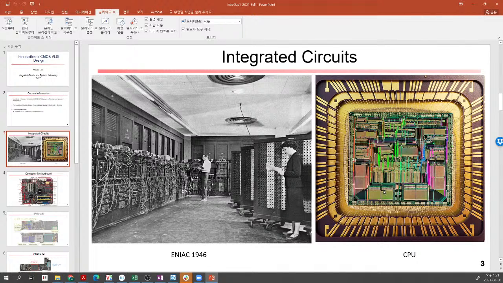At the boundary we have some wire bonding, right? You can see the wires. All the signals are connected through these metal wires, and the surrounding is called a package. The package is something you can put your die into.